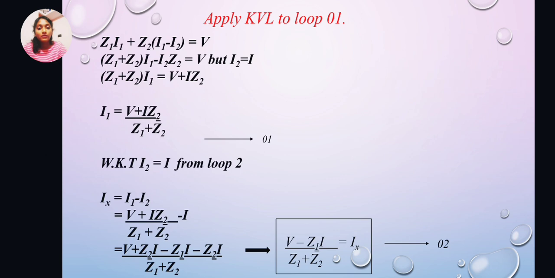So I1 is equal to (V plus I Z2) divided by (Z1 plus Z2). We will consider this as equation 1.